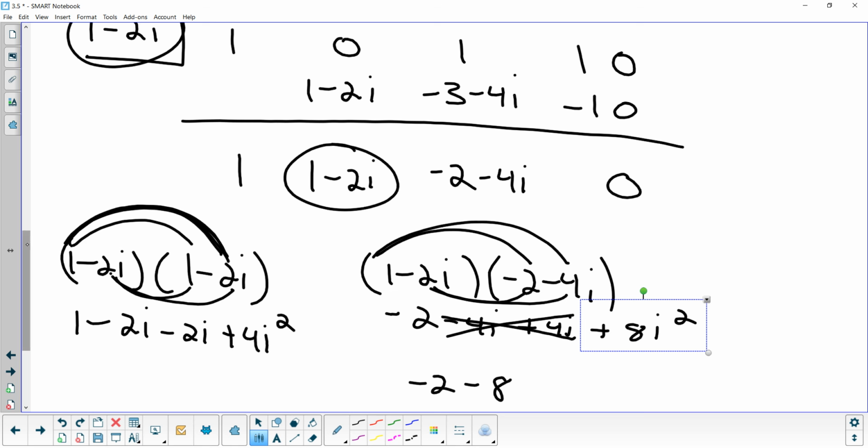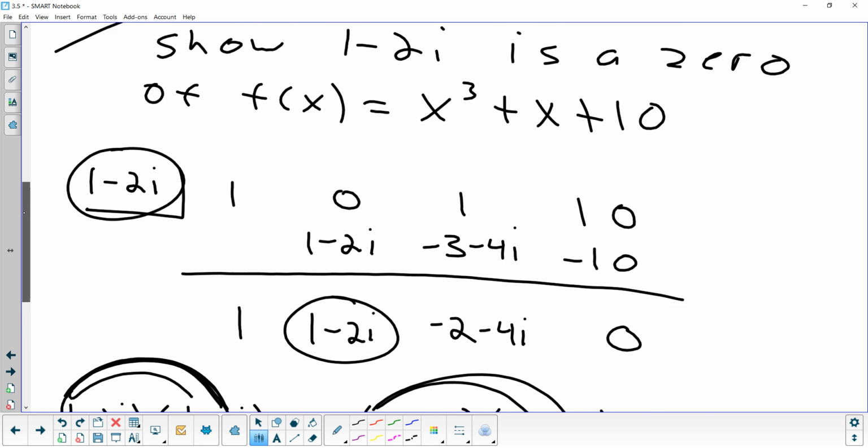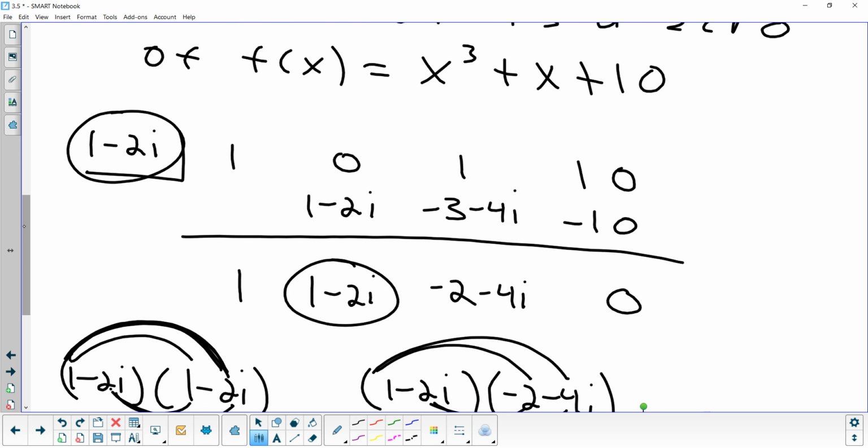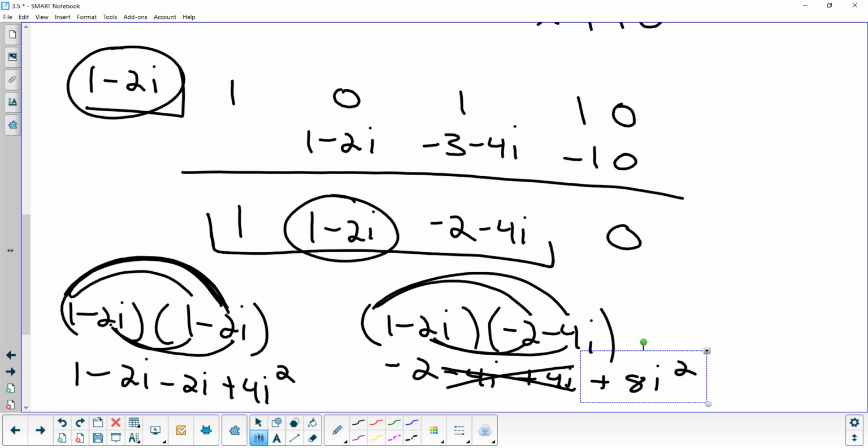So this synthetic division usually combines 2 FOILing problems into one. But the FOILing I do off to the side. Okay. Any questions on doing synthetic division? Now you might look at that and say, boy, that's quite the quotient right there.